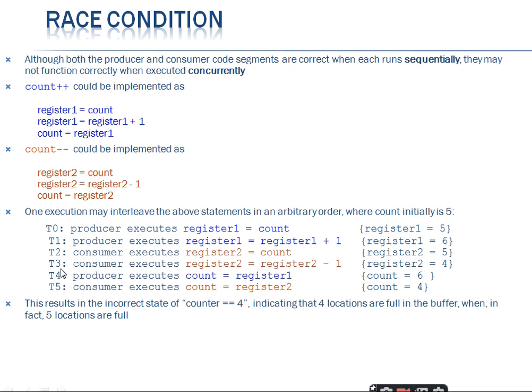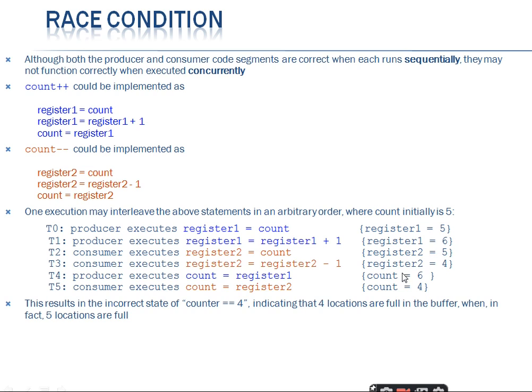Then at time T3, the consumer executes register 2 equals register 2 minus 1. So register 2 will now be 4, a decrement by 1, that is 5 minus 1 is 4. Now at time T4, the producer executes count equals register 1.